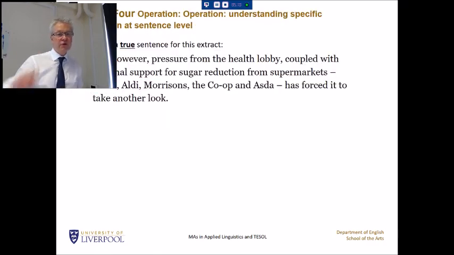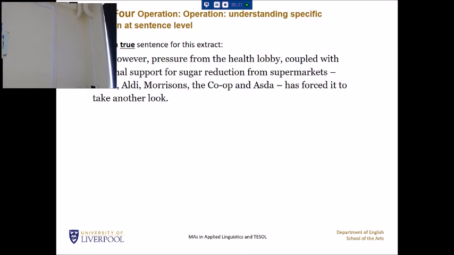So, for you, it's really now exactly the same process. What we've got to do is take this part of the paragraph. It's not the whole paragraph, only part of it, because it's specific information. So we've got to write one true paraphrase for this extract. I think it's paragraph 6 on the main text.